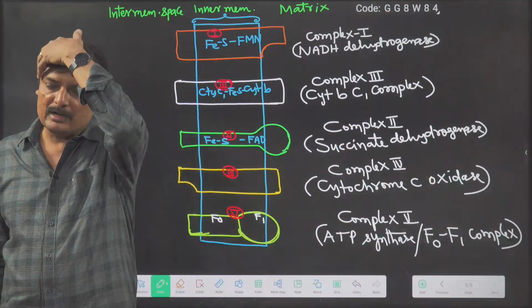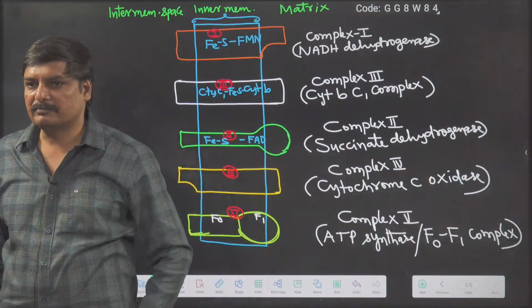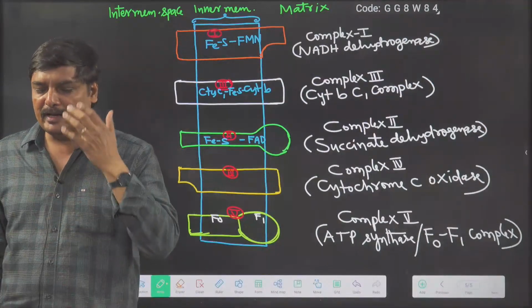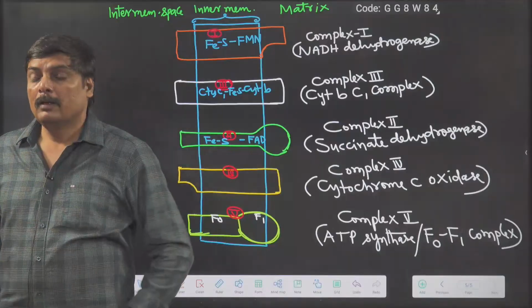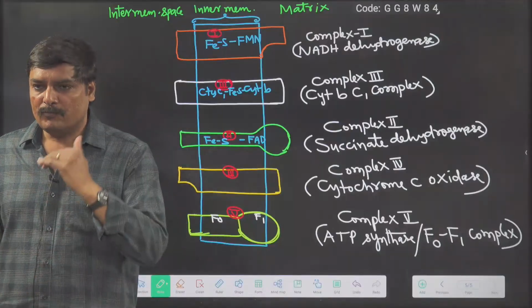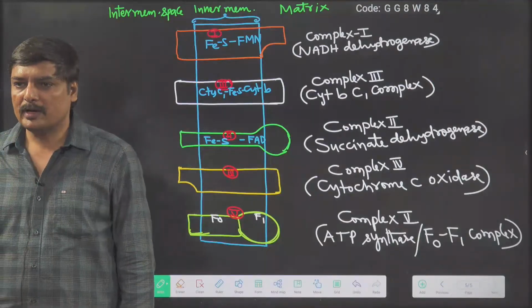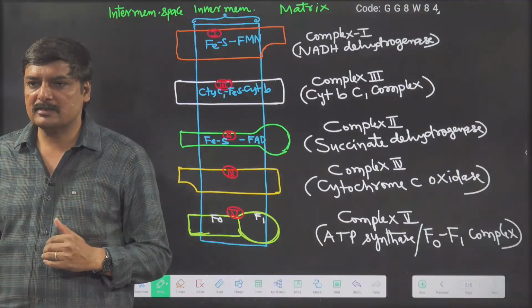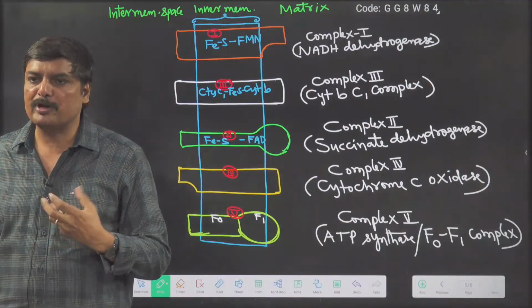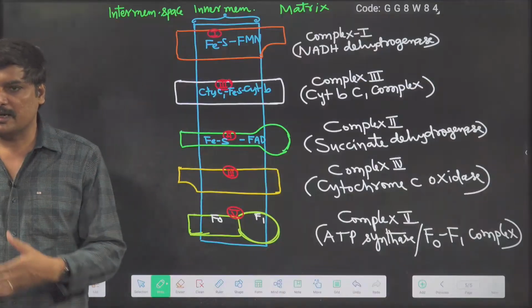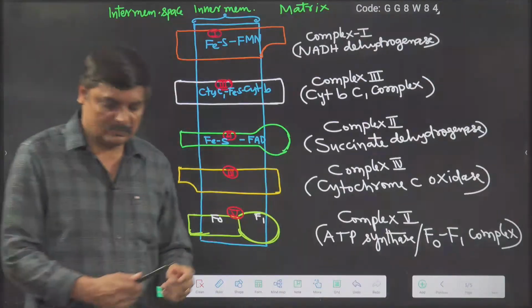How ATP are produced? We will see. For that, I am explaining first of all the complexes. I told you 5 complexes, and now I am telling about the components of the complexes. These are enzyme protein complexes.